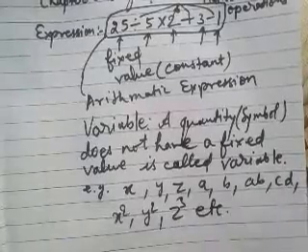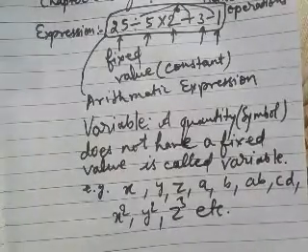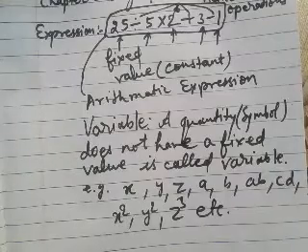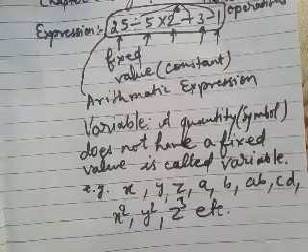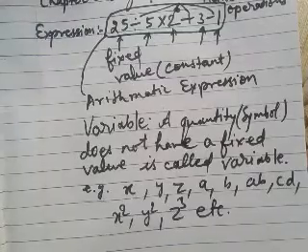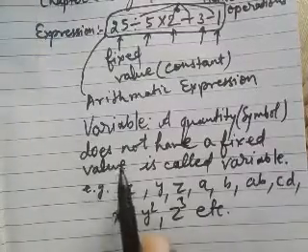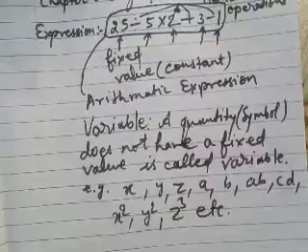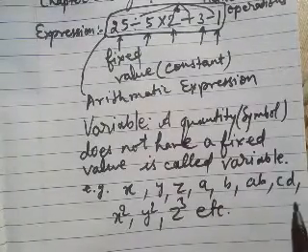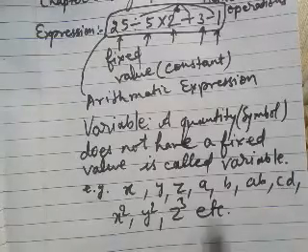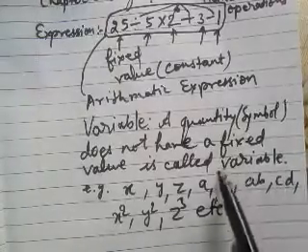These are the variables which are denoted in this way, and their value is not fixed. That's why these are called variables. These are the symbols which don't have any fixed value.